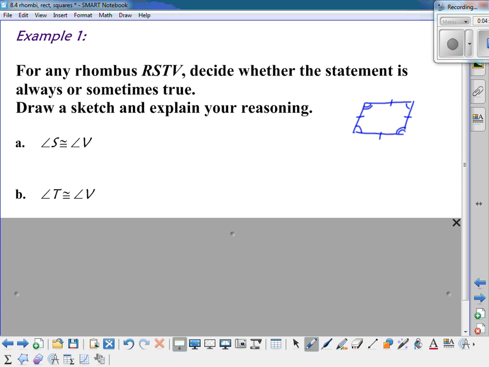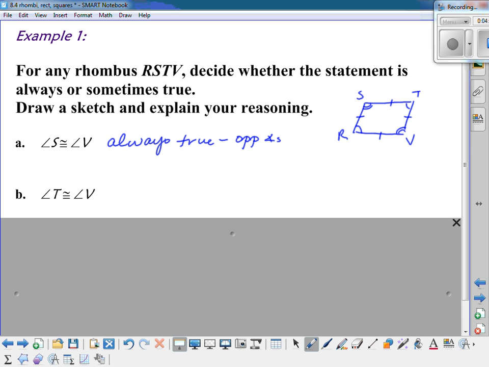And then I'll go ahead and label it RSTV. So angle S is congruent to V. That's always going to be true because opposite angles of a parallelogram are always congruent.